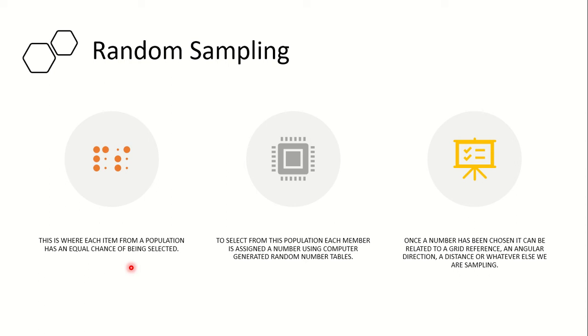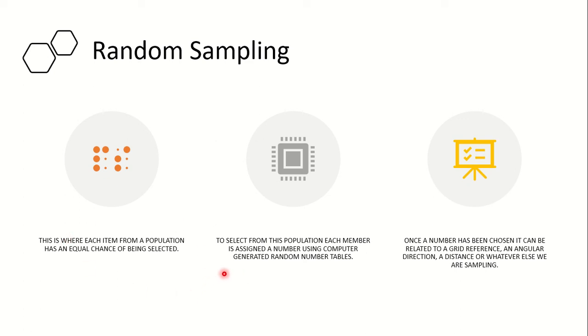There's lots of ways that we would make sure that we are not being biased, and some of those fall into the actual fieldwork techniques themselves, which we'll deal with separately. But this is why random sampling is something you must always try to consider in planning any fieldwork.